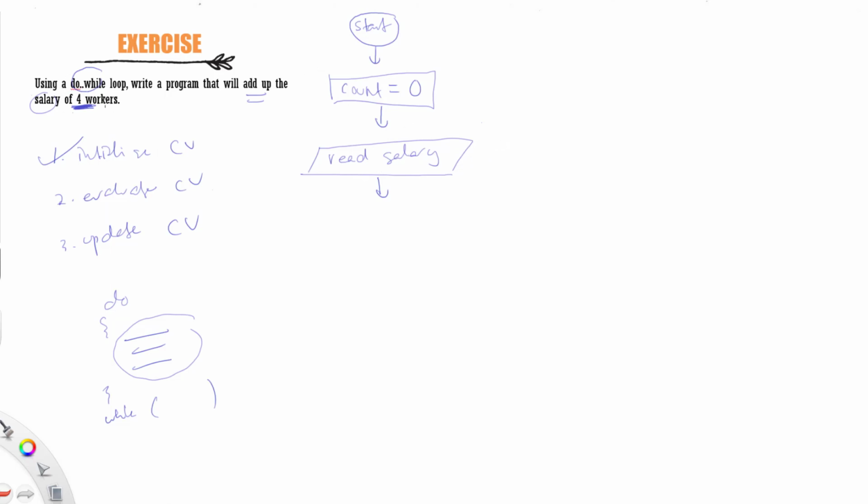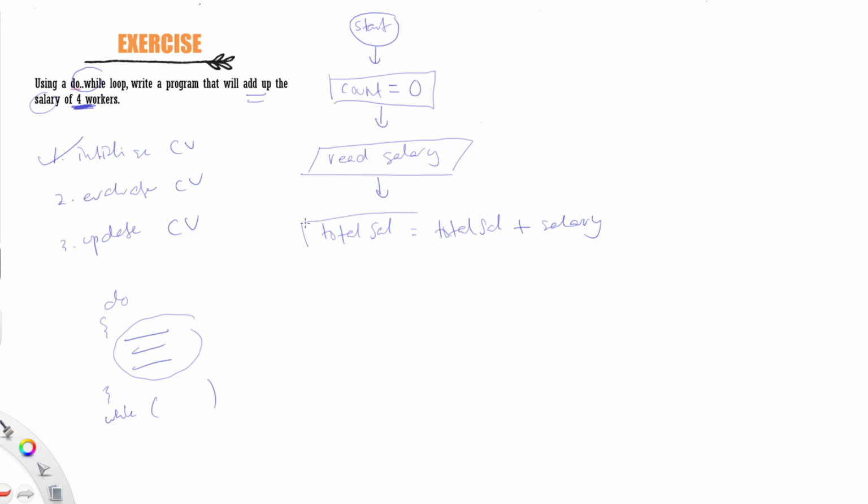If we have a lot of workers, please remember the formula that I told you. When we want to accumulate or add up more than one thing, we can write total salary equals to total salary plus, what do we want to add up here? We want to add up the salary.